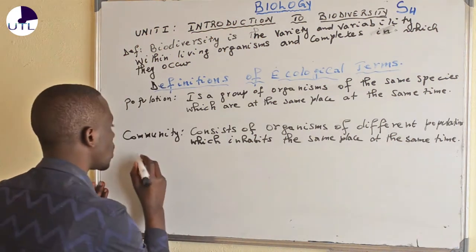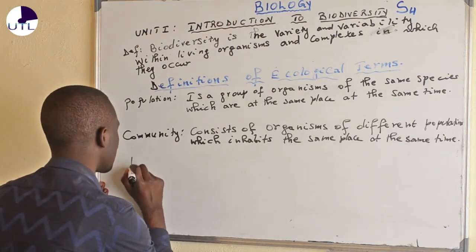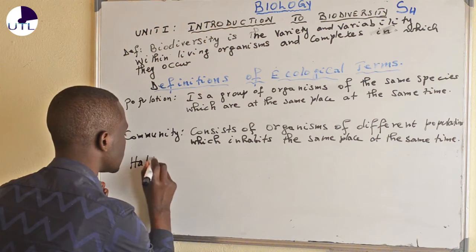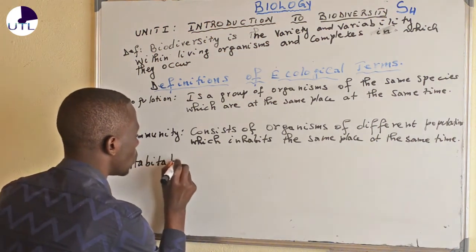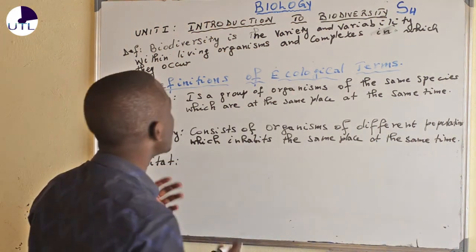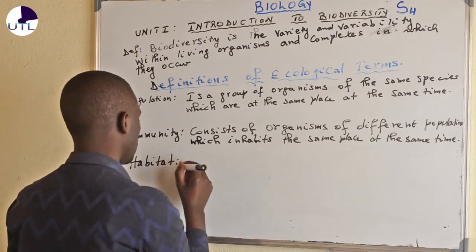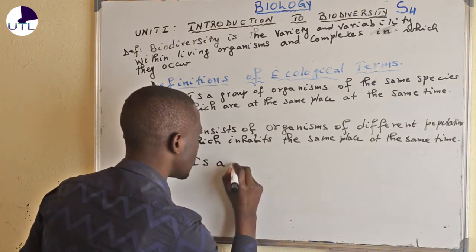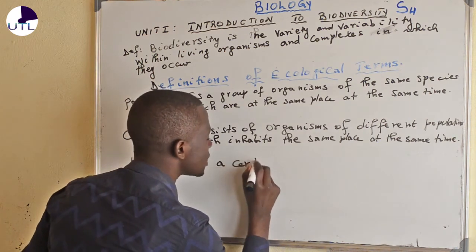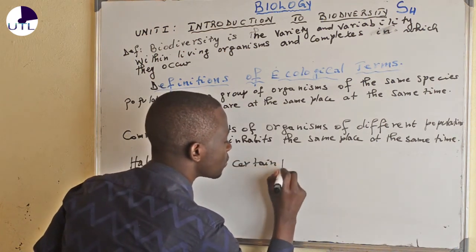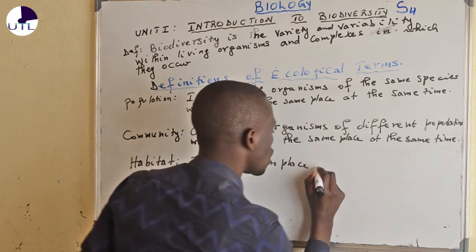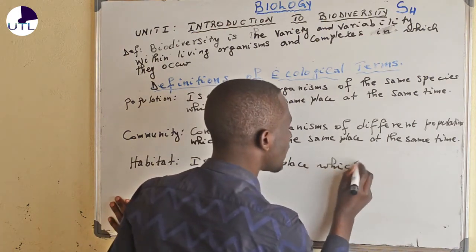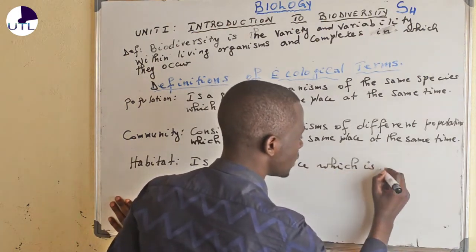We have also another definition. We have habitat. We'll go through this as we go in the unit. Habitat is a certain place which is occupied by organisms.